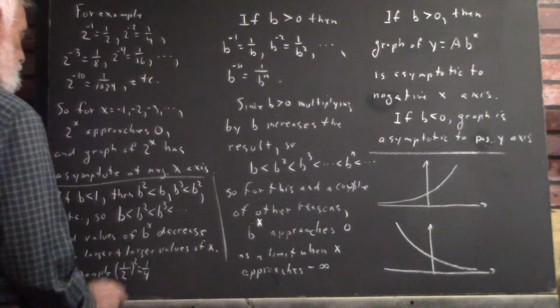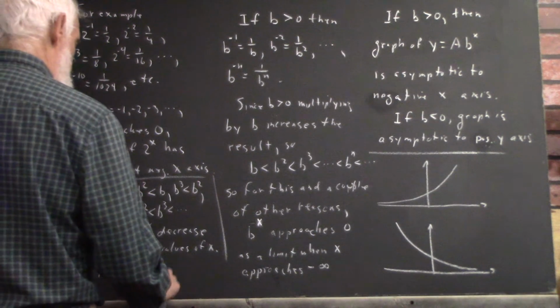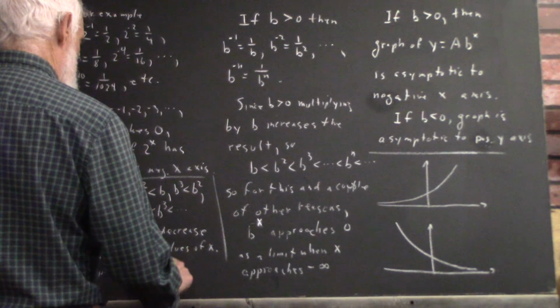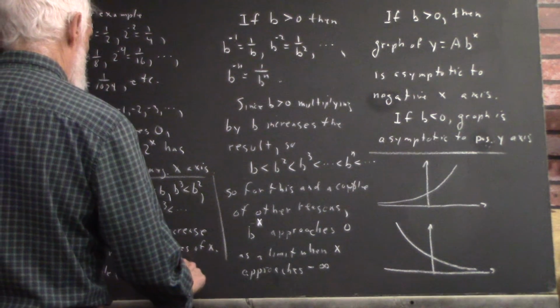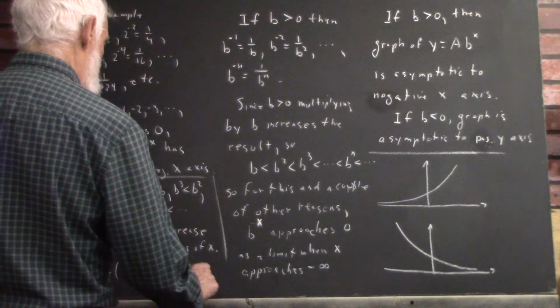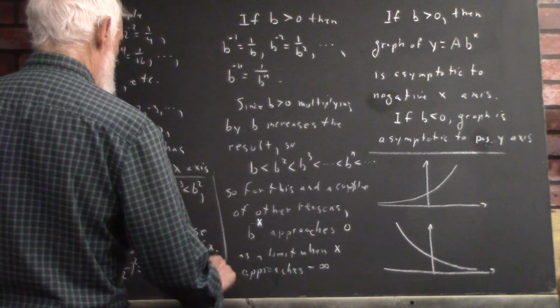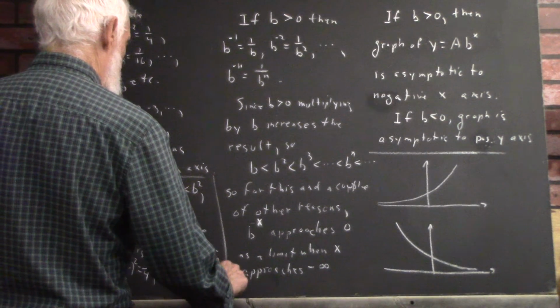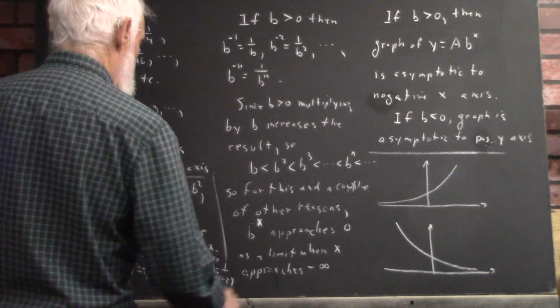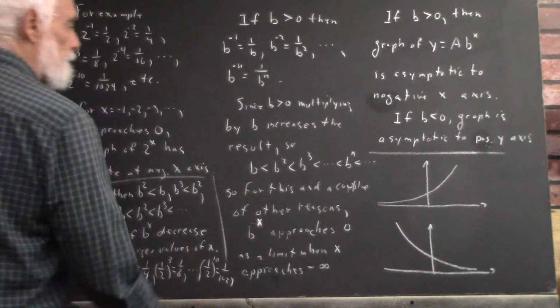If b is 1/2, 1/2 squared is 1/4. 1/2 cubed is 1/8. 1/2 to the 10th is 1 over 1024. These numbers approach 0.